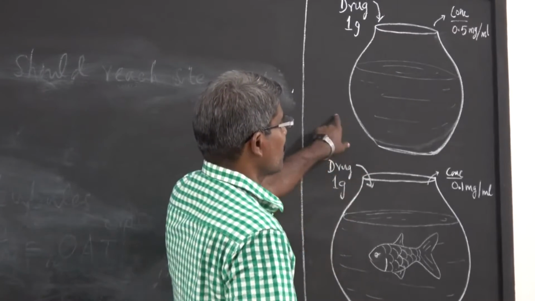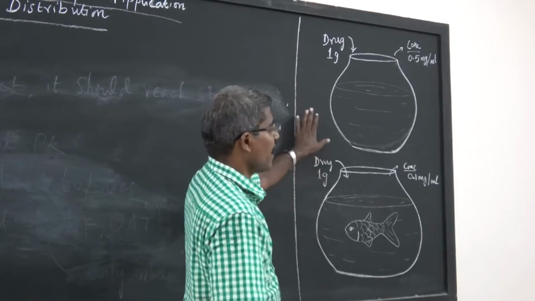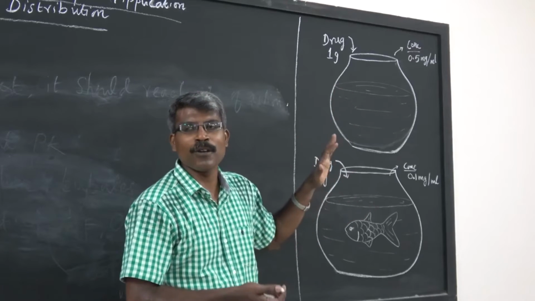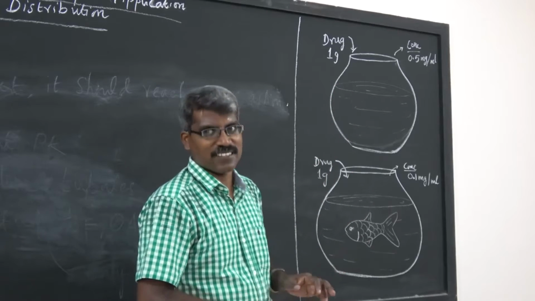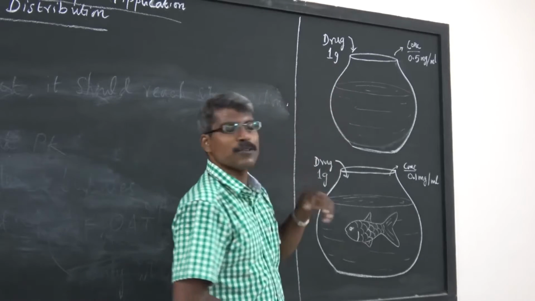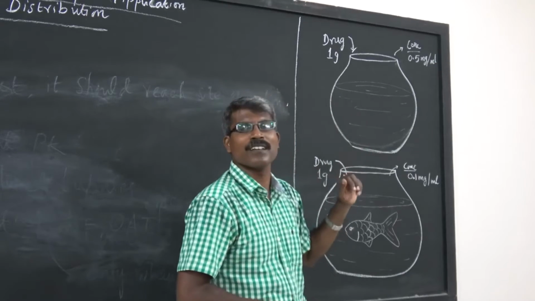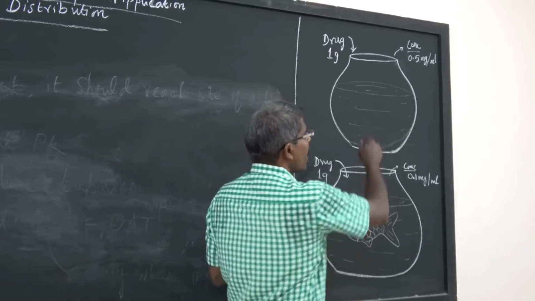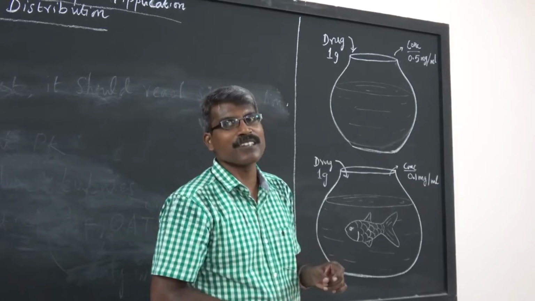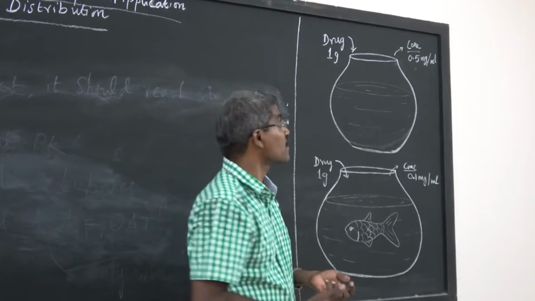Now let's come to this first example. I have a small jar in which I know the volume. Let's take the total volume of this jar as, let's say, 3 liters. So I have some water, I add a drug, and I know the dose. I add 1 gram of drug into it. It gets dissolved. Now what do I do? I take some small sample from it, try to measure the concentration, and I find that it is 0.5 milligrams per ml.